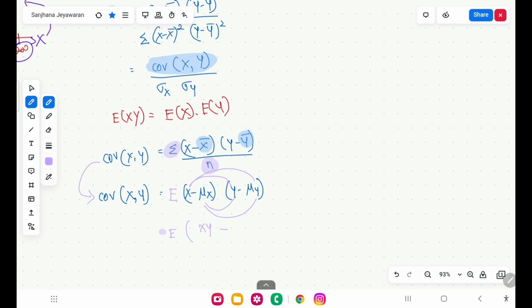Then X into mu Y, so I am writing it as mu Y into X. Then minus mu X into Y. And next is minus mu X into minus mu Y, which is minus into minus is plus. So I am writing it as plus mu X mu Y.